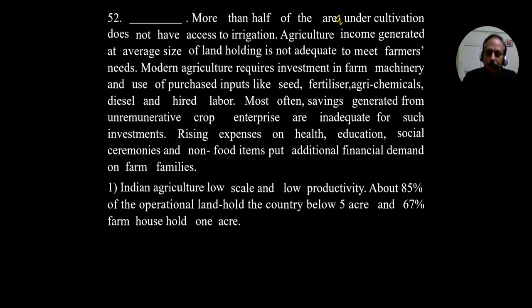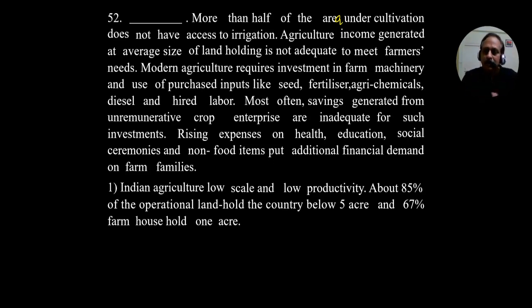Modern agriculture requires investment in farm machinery and use of purchased inputs like seed, fertilizer, agri-chemicals, diesel, and hired labor. Most often, savings generated from unremunerative crop enterprise are inadequate for such investments. Rising expenses on health, education, social ceremonies, and non-food items put additional financial demand on farm families.